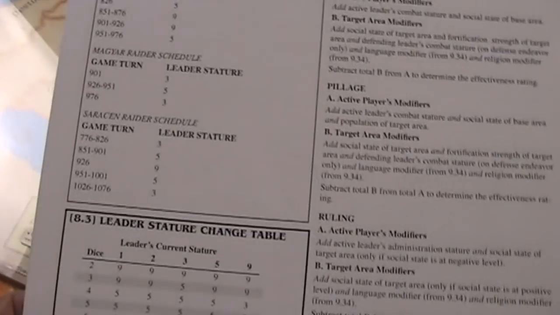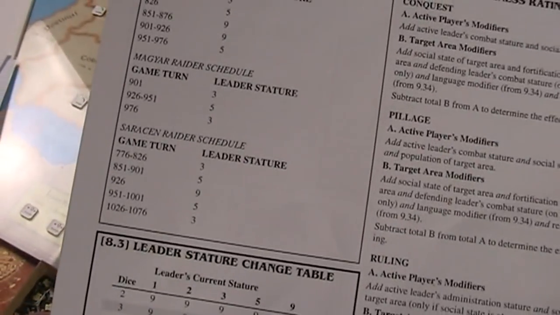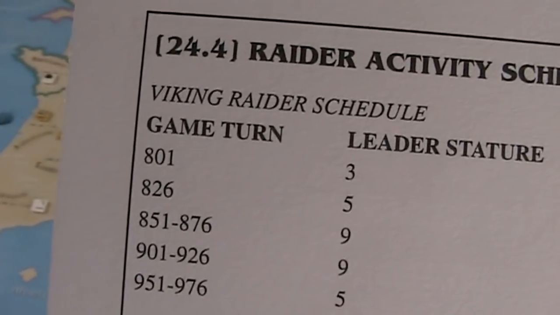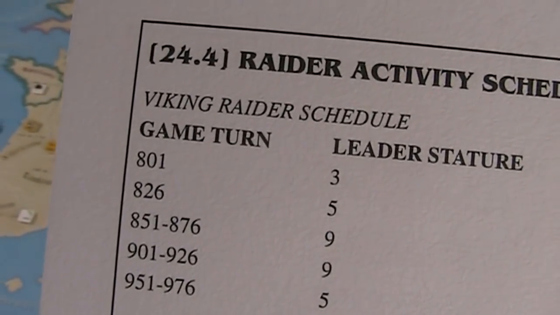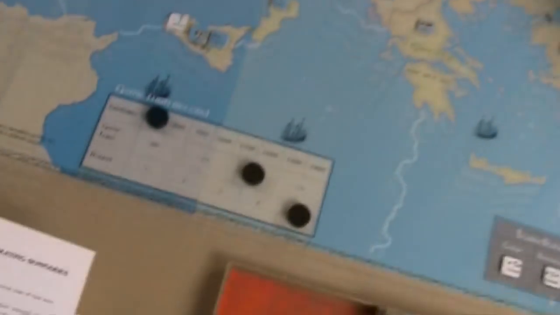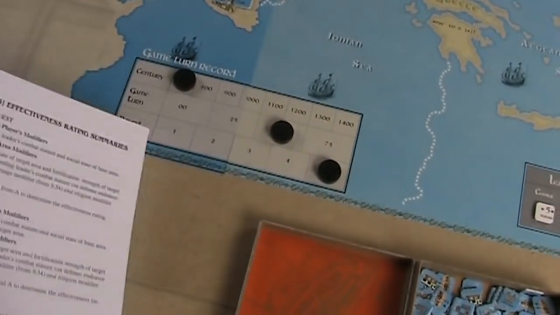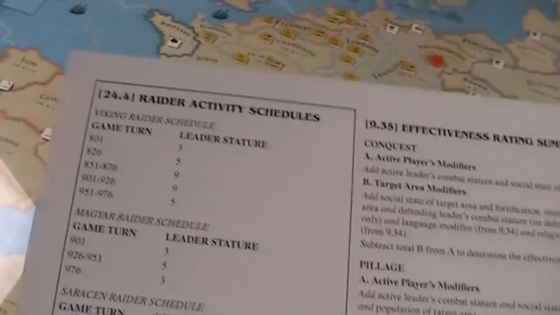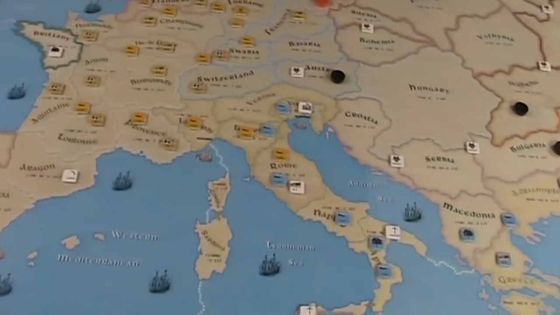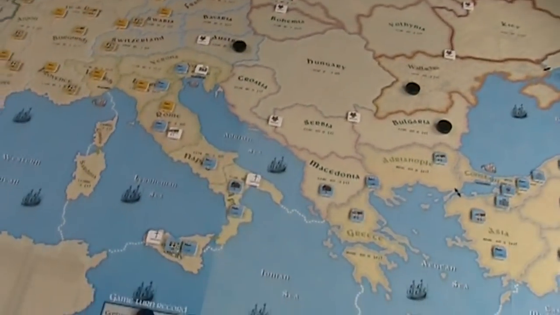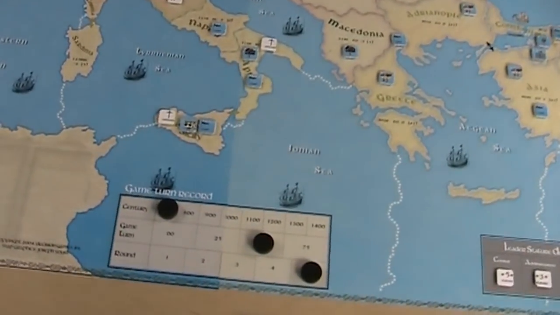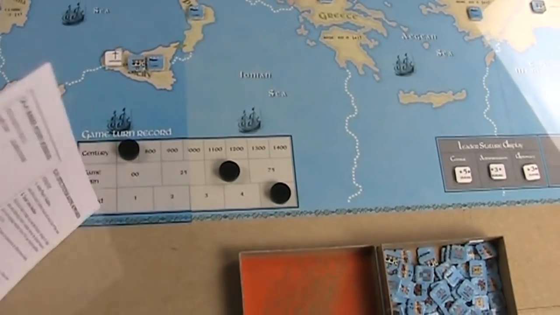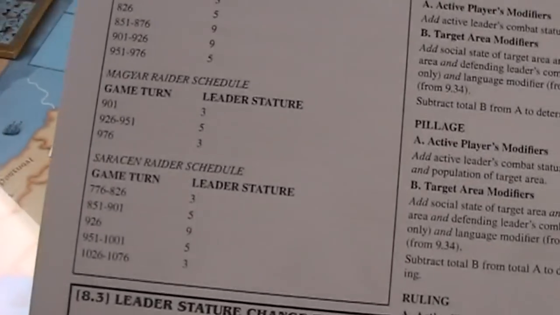I'm going to do that not at the beginning of each game turn, but during each round of the game. And therefore, I think the odds remain the same, but as I said, it's a little less predictable.